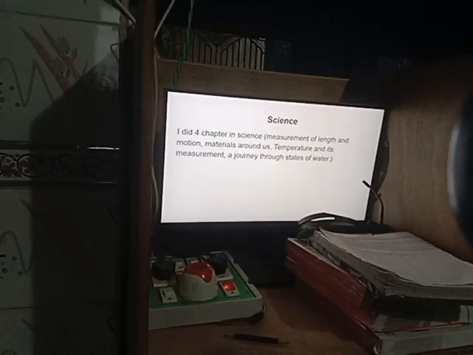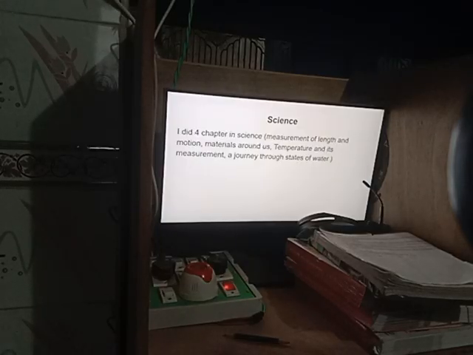And mass, we can say mass only tells us the measurement of the weight, that is called mass.